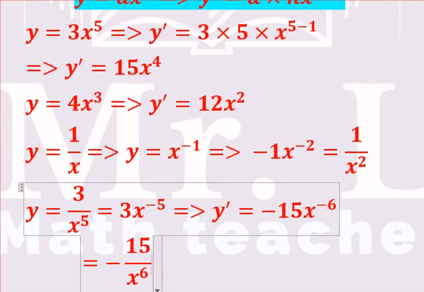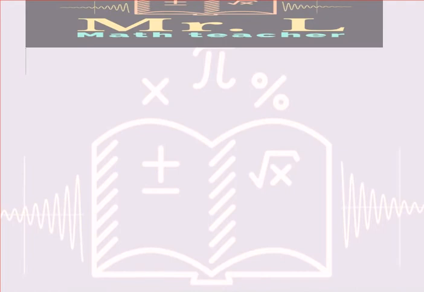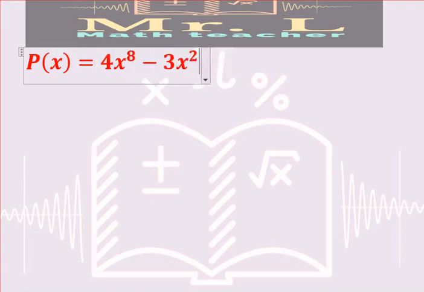Now guys, let me continue with polynomials. One of the important definitions of polynomials is that a polynomial is an addition of monomials with different powers. For example, let's say we have the polynomial p of x equals 4x power 8 minus 3x squared plus 12x plus 5.